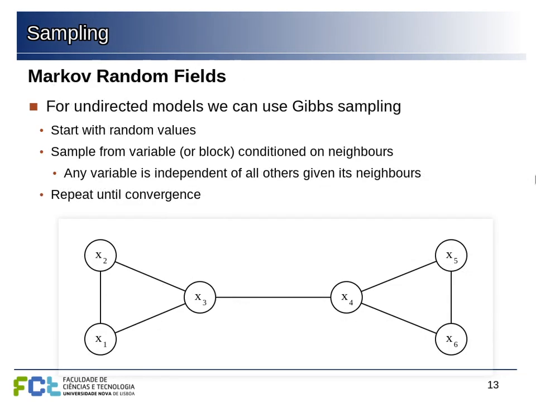For Markov random fields, this is more complex because we don't know where to start. There is no direction here, and these variables are dependent on one another, these are dependent on one another, and so on. So we cannot do this in such a simple way. But there is one method, this Gibbs sampling method, that consists in starting with some random values here without taking into account the probability distribution that is given by the model.